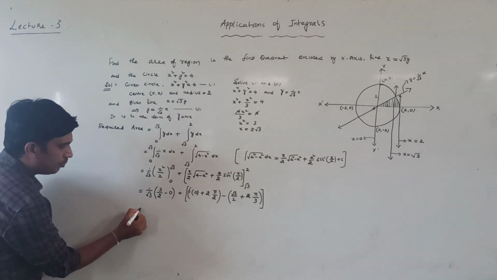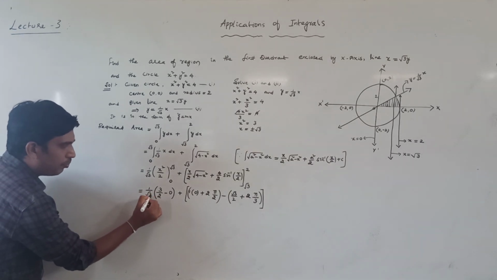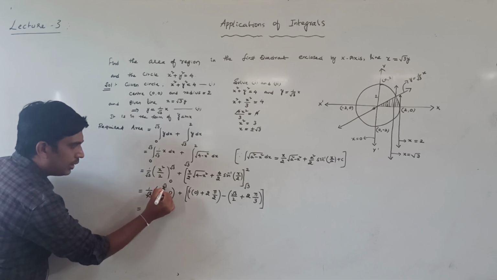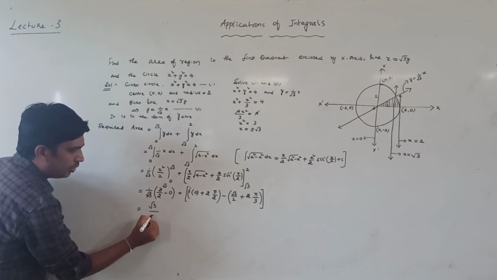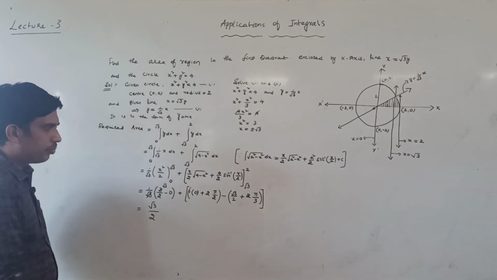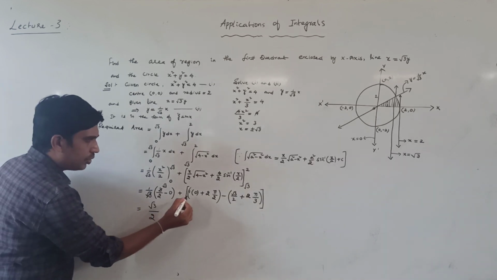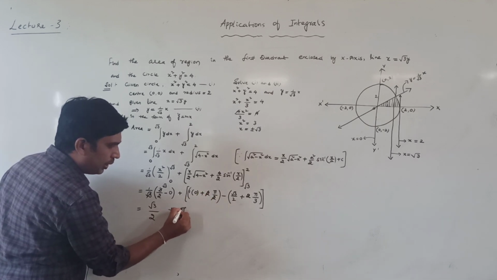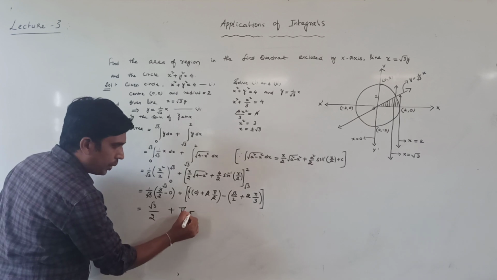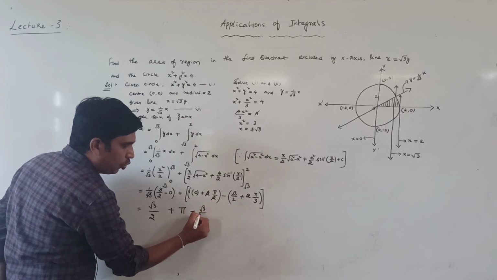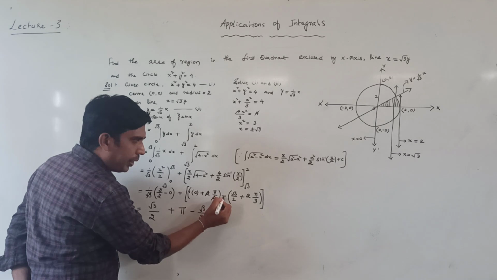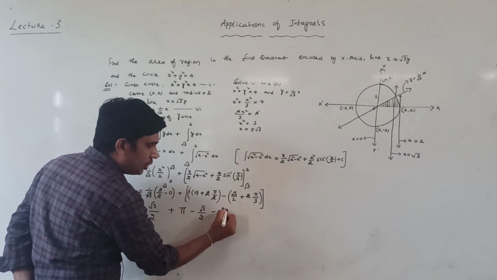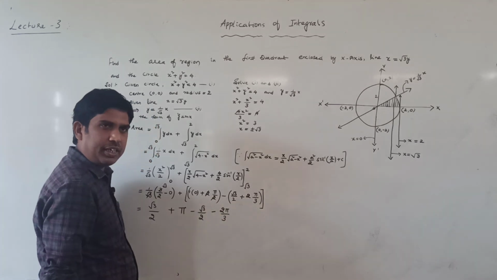Now simplify. So this one, 1 by root 3 into 3 by 2. Here root 3 cancels. What will we get? Nothing but root 3 by 2, plus this one 0. Here 2 cancels. What will we get? Nothing but pi, minus root 3 by 2, minus into plus minus, we will get 2 pi by 3.